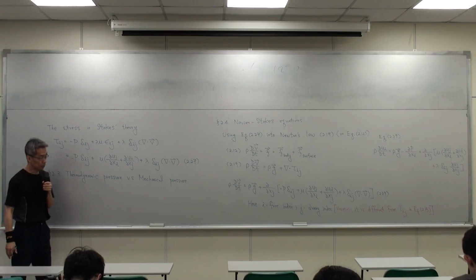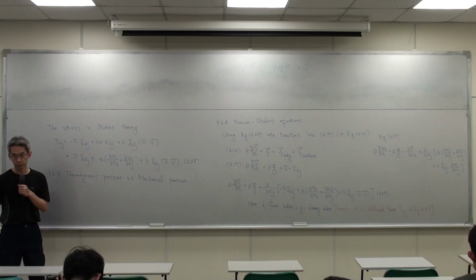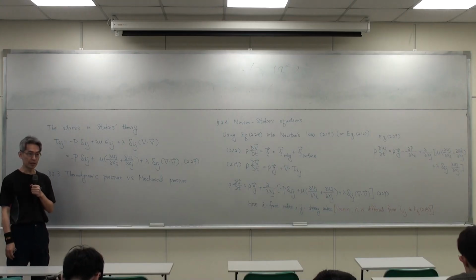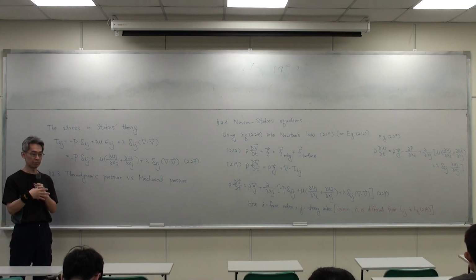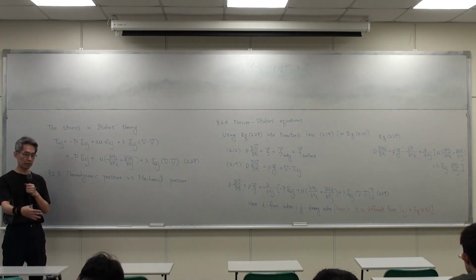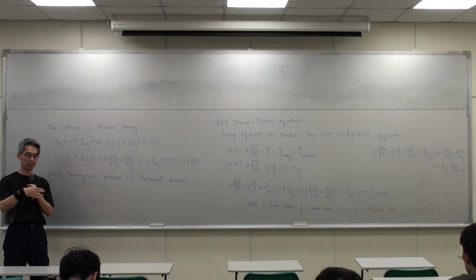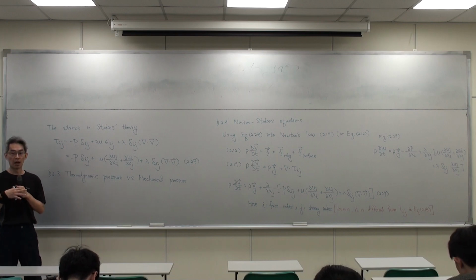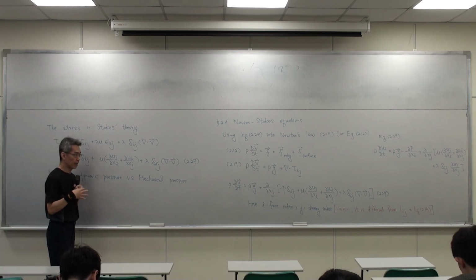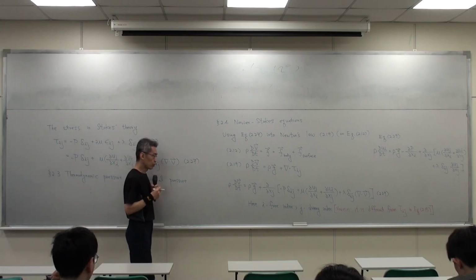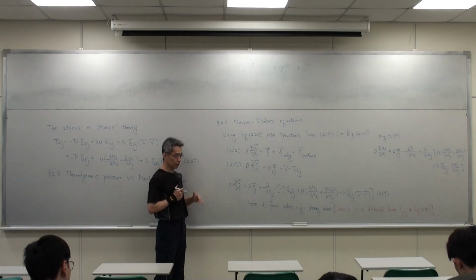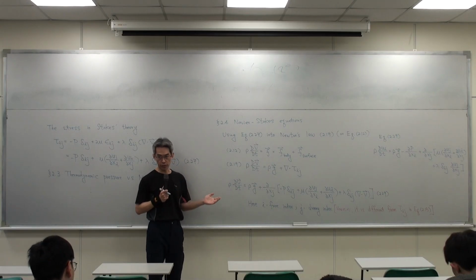Basically, from the Navier-Stokes equation, I think this is some kind of difference between the undergraduate class and the graduate class. In the undergraduate class, usually the Navier-Stokes equation just gives you the final result.